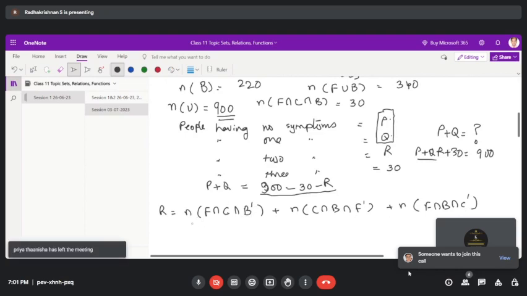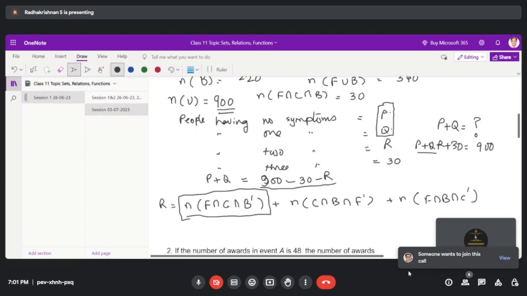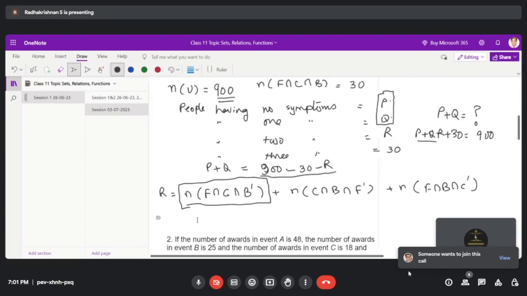Okay. So can we find out this one? First, let us determine one of them, then the others are similar. We can simply determine the others in the same way. So what is the formula for F intersection C intersection B naught?